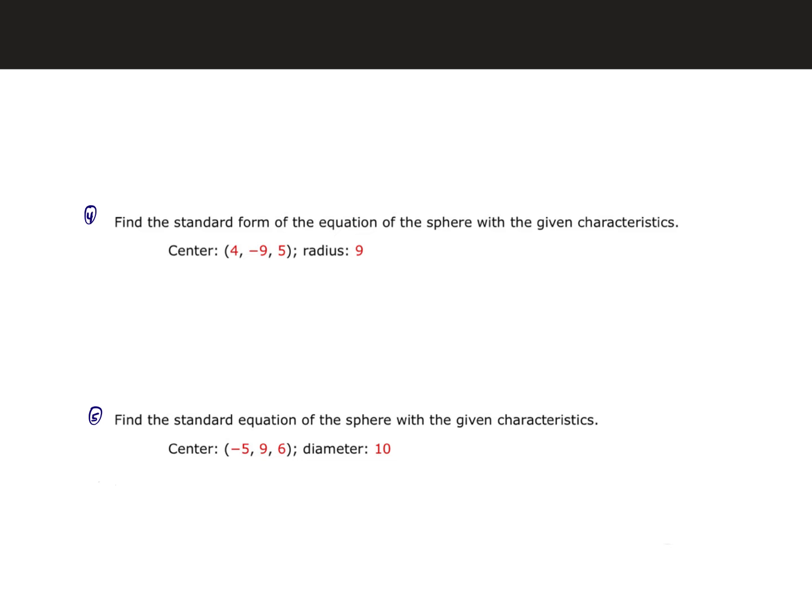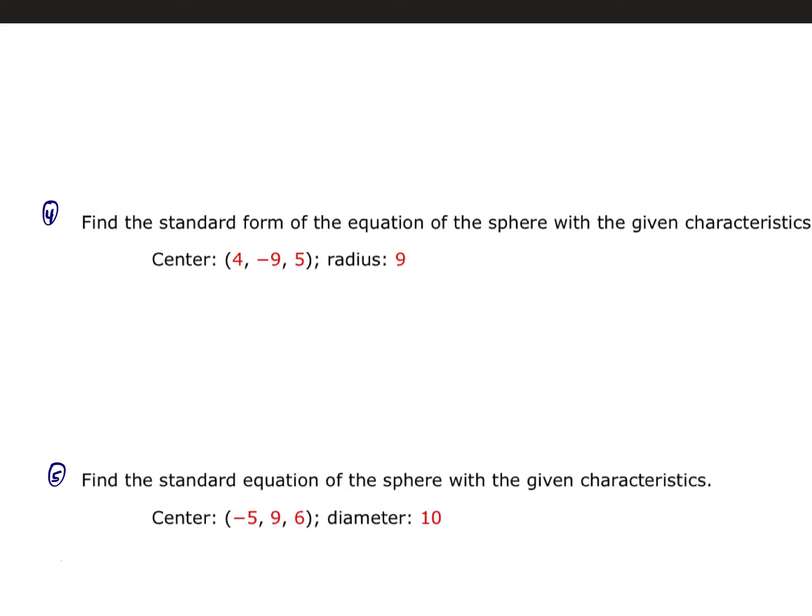So for 4, we have to find the standard form of the equation of the sphere with the given characteristics. So again, I'll write my standard form. I have x minus h squared plus y minus k squared plus z minus j squared is equal to r squared. So what do I do?